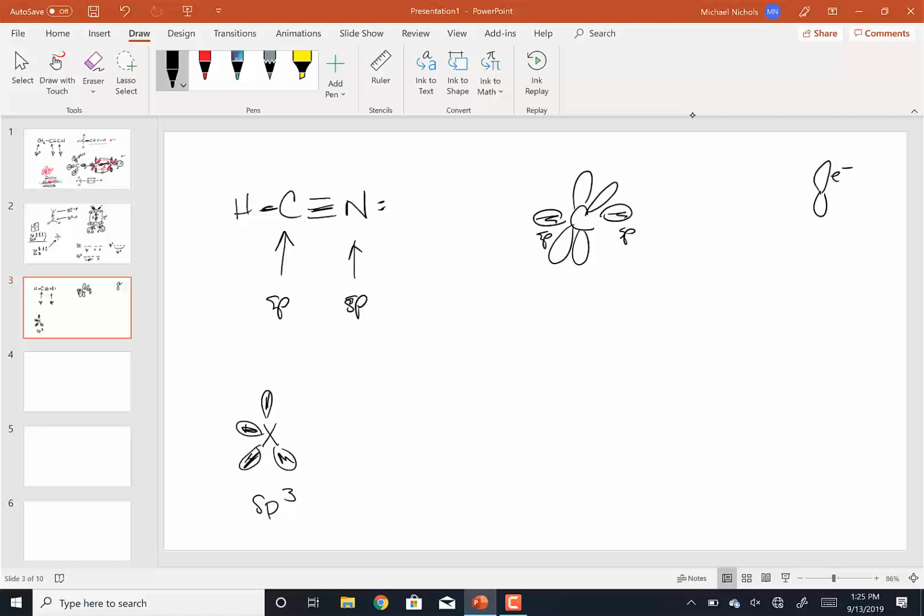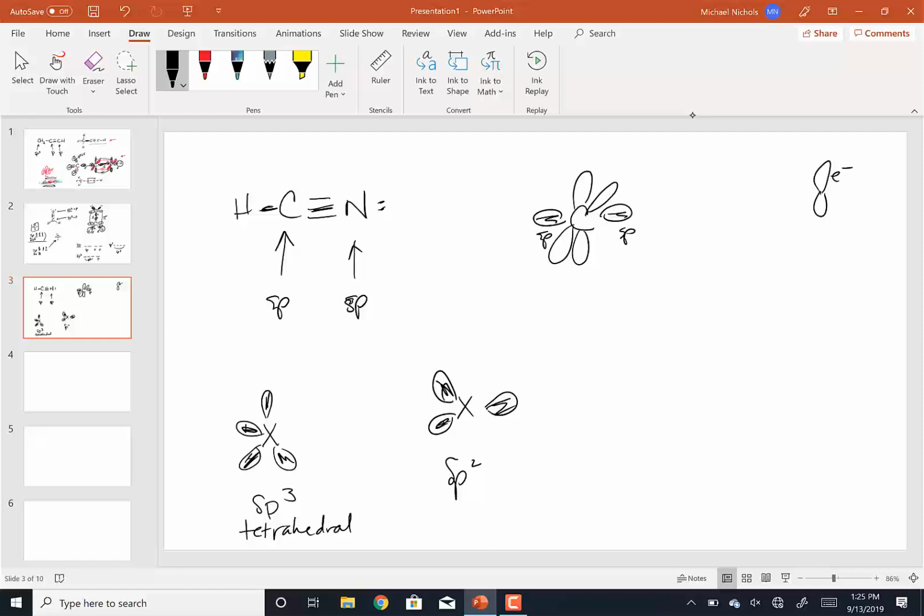Geometry, tetrahedral. Okay, what's an sp2 look like? An sp2 is going to be, first of all, the 3 hybrid orbitals are going to be trigonal planar. And what's left over?